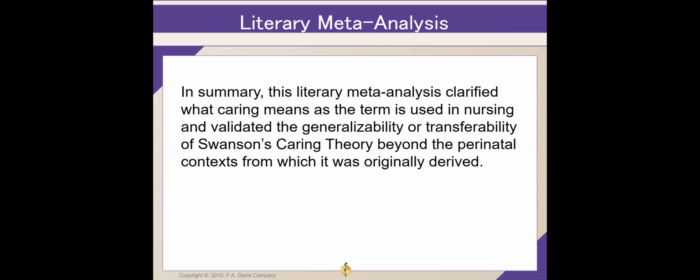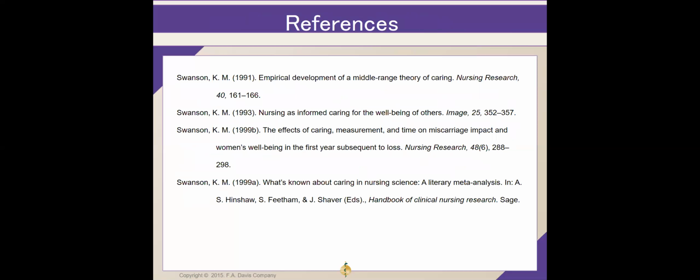So there was a meta-analysis, which means examining many studies, that clarified what caring meant so that this theory could be validated and generalized to other settings beyond the care of women with miscarriage. And these, again, are the references, and they're in APA style.